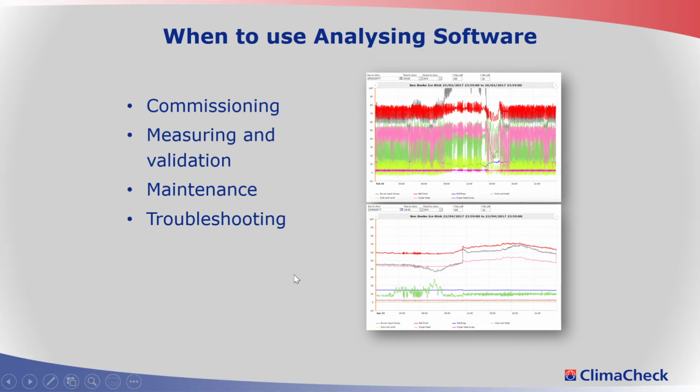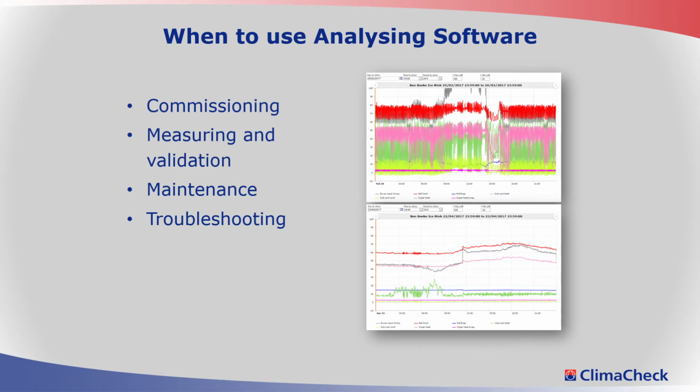It's important to know why we're doing the measurement. It will be different types of measurement depending on why we're doing the measurement. Troubleshooting, we have to wait for the fault to occur.